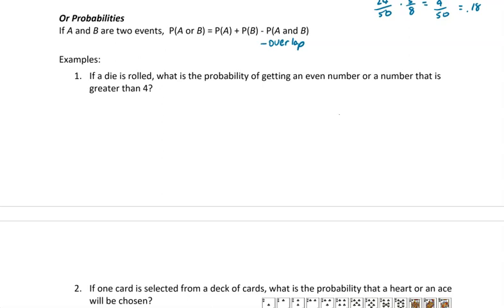So let's go ahead and do an example. If a die is rolled, what is the probability of getting an even number or a number that is greater than 4? So remember, normal die, numbers 1 through 6.